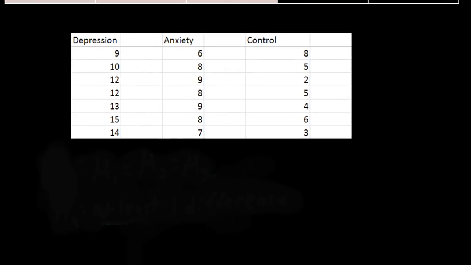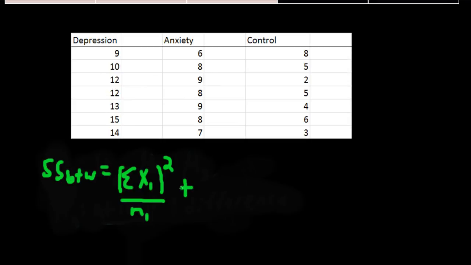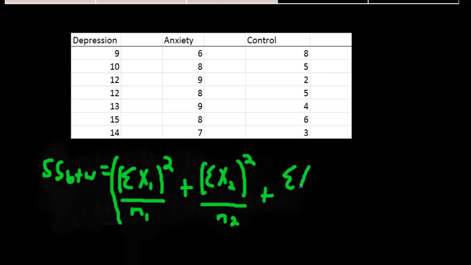The computational formula for sum of squares between: we'll need the sum of x for group 1 squared over the sample size for group 1, plus the sum of x for group 2 squared over the sample size for group 2, and then the sum of x for group 3 squared over the sample size for group 3.